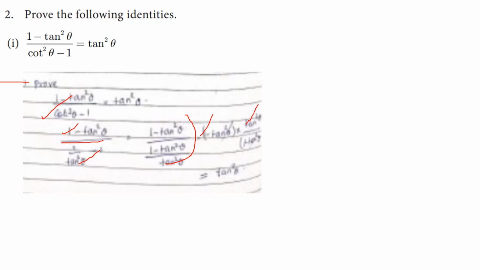So in the numerator, 1 minus tan squared theta into tan squared theta is there, and denominator 1 minus tan squared theta is there. So you cancel it, numerator and denominator, this one and this one. What is the remaining term? Tan power 2, that is tan squared theta is the remaining. That is the answer, hence proved.